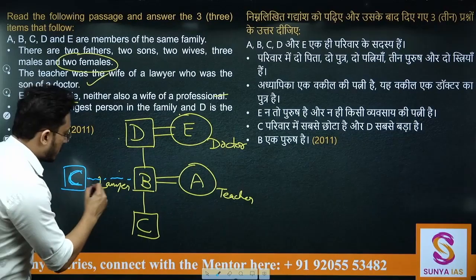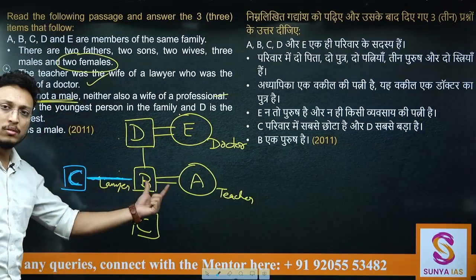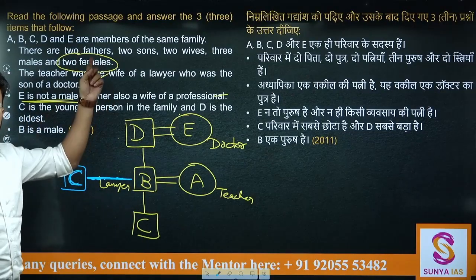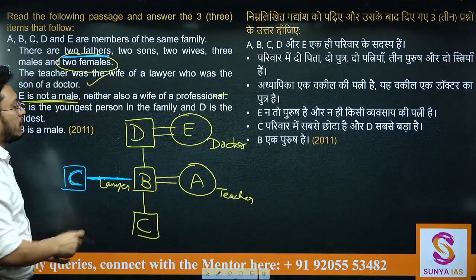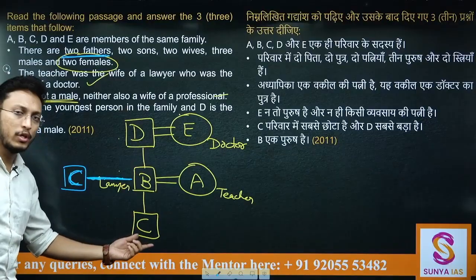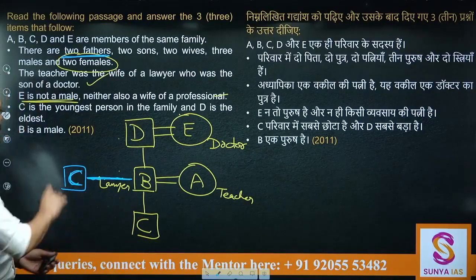If I made this C here also, then I would still get 2 sons, but now I will not get 2 fathers. So in order to fulfill this condition that there are 2 fathers also, that means he is also a father, he is also a father, now he can be the father of C only. That is why I am not drawing C here, C has to lie here.